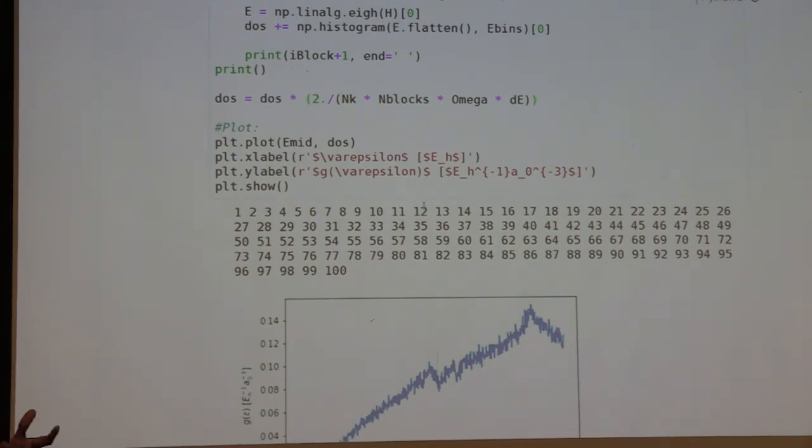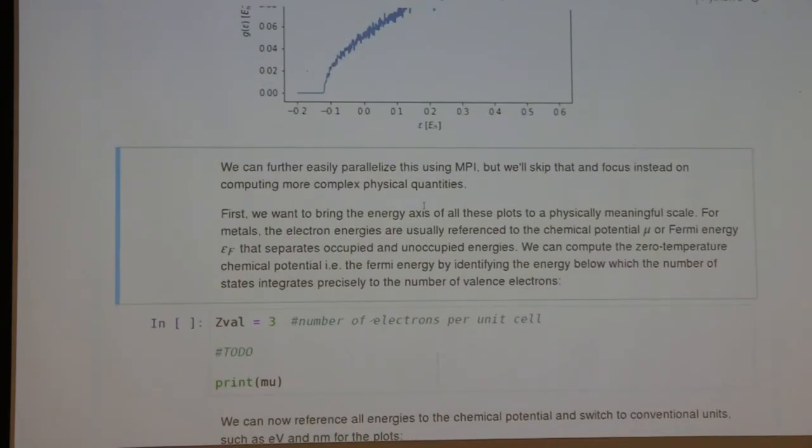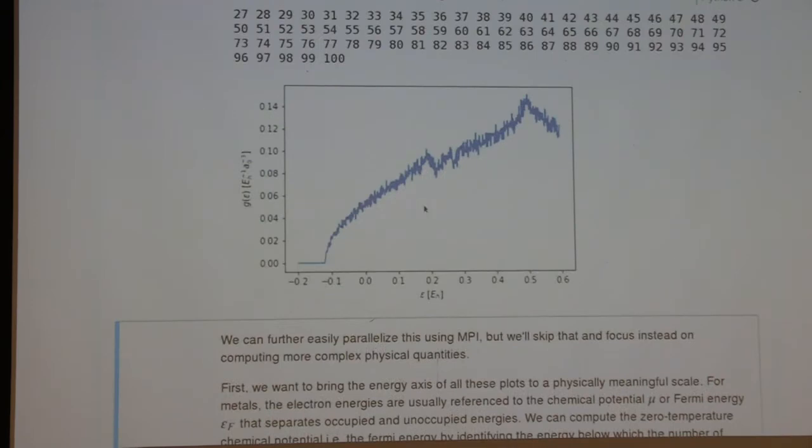But if you're familiar with using MPI within Python, you can practice that as well, right? So you can run this more efficiently if you're not relying on threads, but actually relying on MPI to sum over k points.